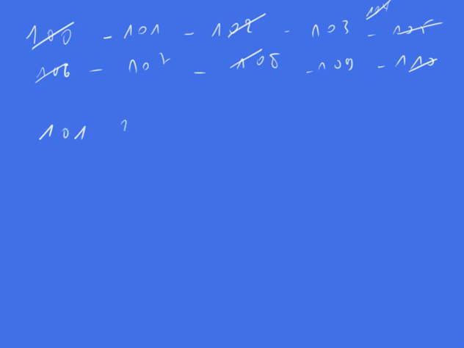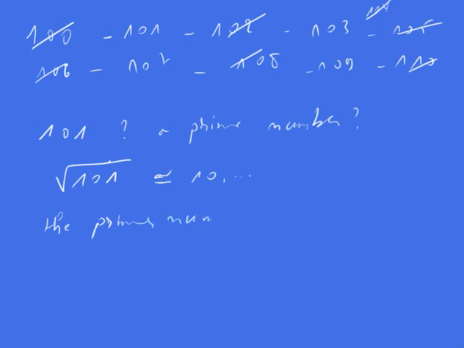For 101, is it a prime number? The square root of 101 is about 10 and some fraction. So the prime numbers less than 10 are 2, 3, 5 and 7, because the next is 11. 11 is more than 10.